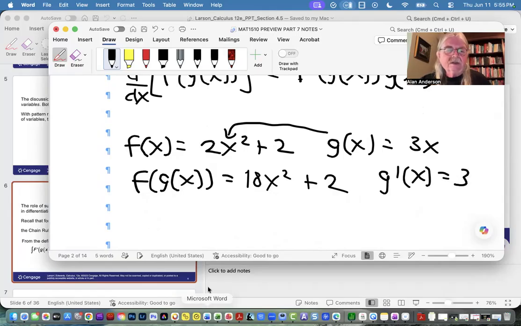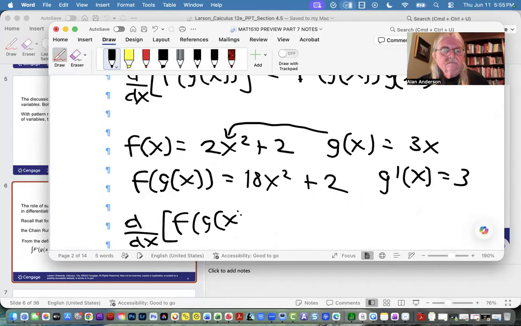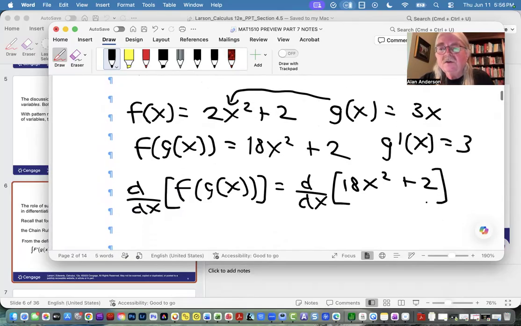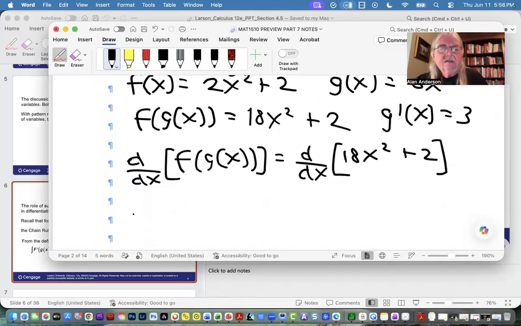All right, so here we go. We're taking the derivative of 18x squared plus 2. Now we could do this just using the rules that we know, but why don't we go ahead and use the chain rule anyway?